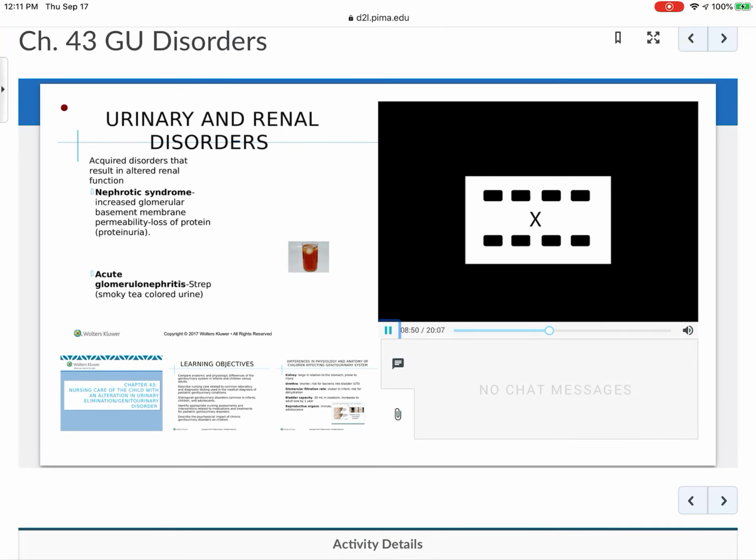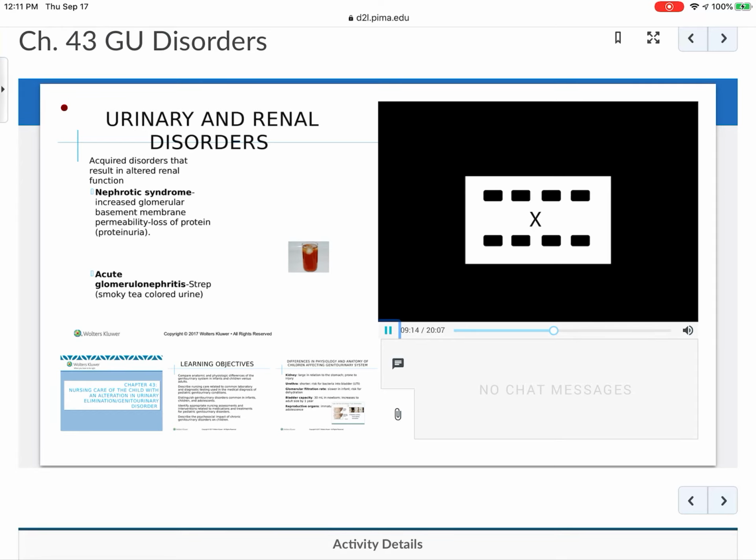Some acquired disorders that are going to affect their renal function is nephrotic syndrome. So that is a problem with the membrane permeability, and they lose protein, so they have proteinuria. It's not really common. It's usually congenital, inherited from families of Finnish descent.